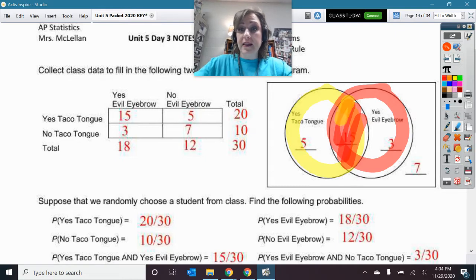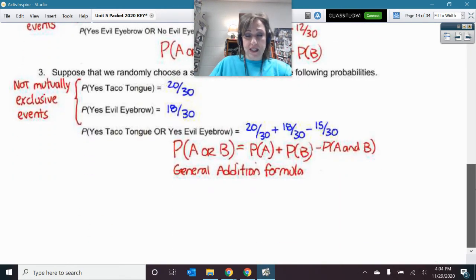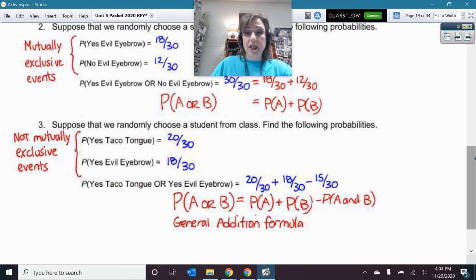In the middle, these 15 got double counted. That brings us to the general addition rule, where we could add the totals, that's fine, all the yes taco tongue and all the yes evil eyebrow, but take away the part that got double counted.